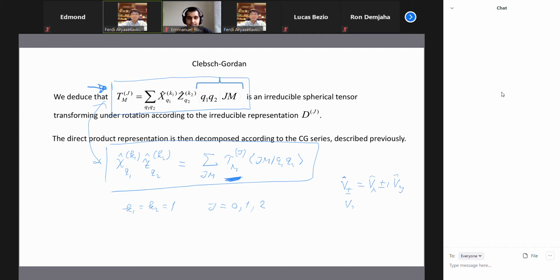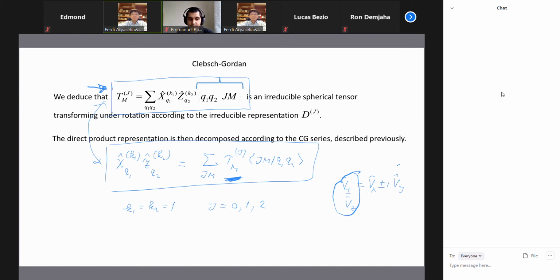And the Vz is the same, the Vz is not affected. So these are the spherical tensors. They are just equivalent to the Cartesian ones, just a linear combination of the Vx and Vy.